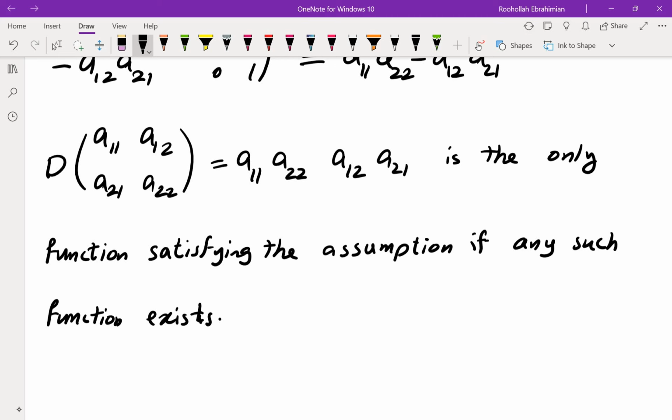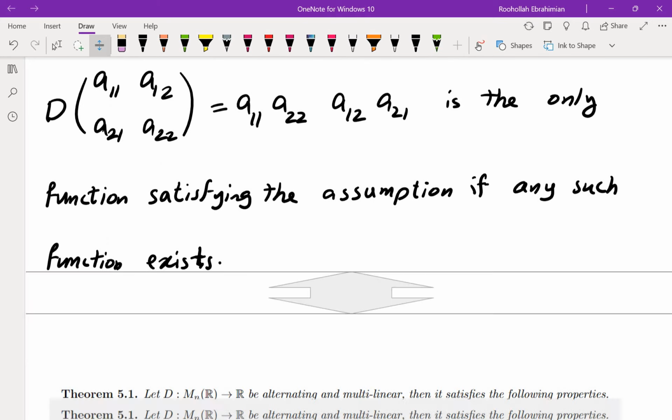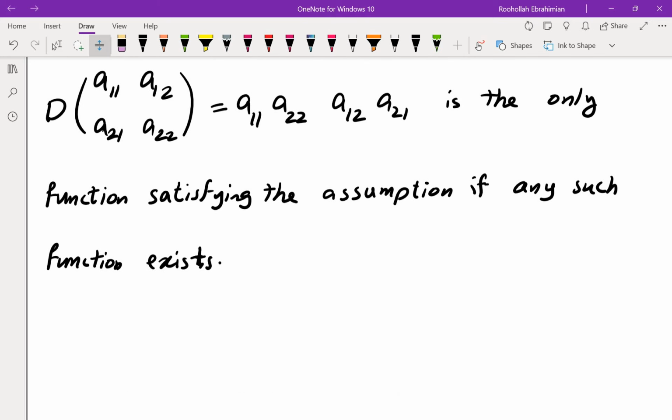So note that we haven't proved that this function is one. We have shown that if there is one, it would have to be this one. Now we will have to show that in fact this function satisfies those properties.